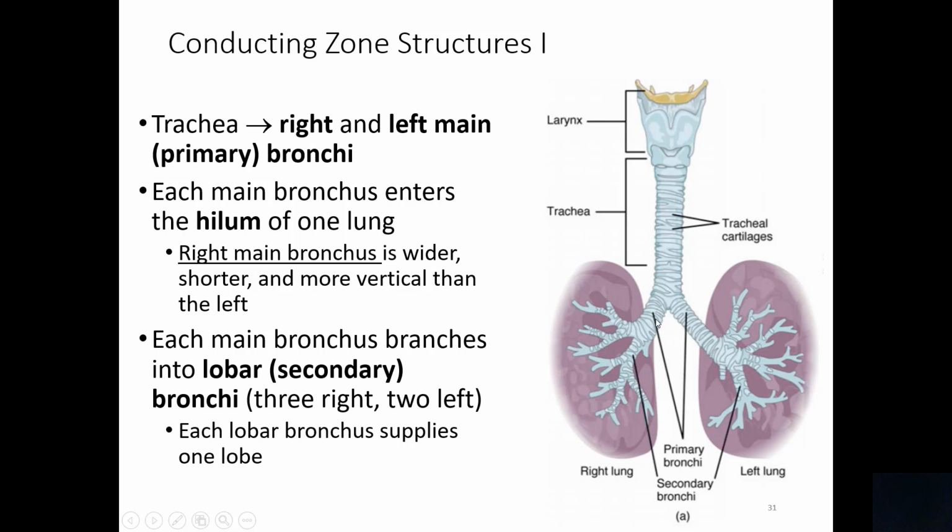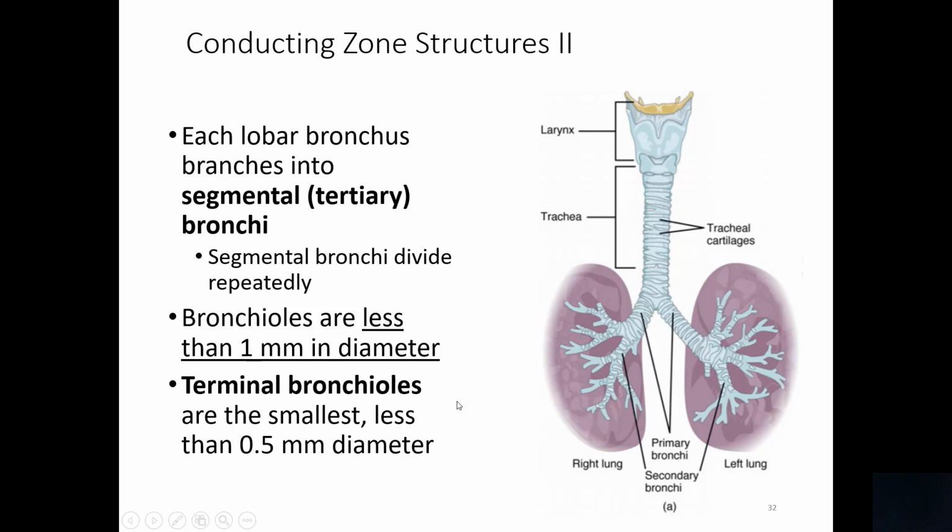Each main bronchus, when it enters the lung, branches into lobar or secondary bronchi. There are three right secondary bronchi because there are 3 lobes in the right lung, and there are 2 lobes in the left lung. And each lobar bronchus supplies 1 lobe. Then each lobar bronchus branches into what is called segmental or tertiary bronchi, and those keep branching into smaller portions.